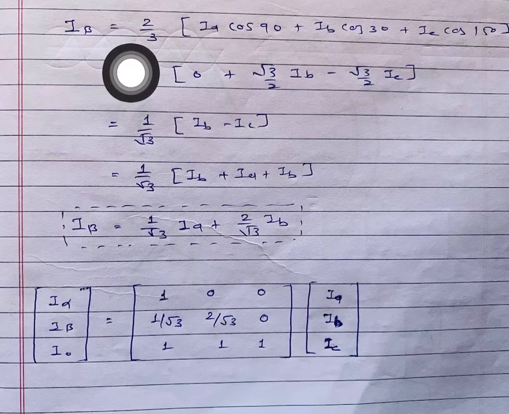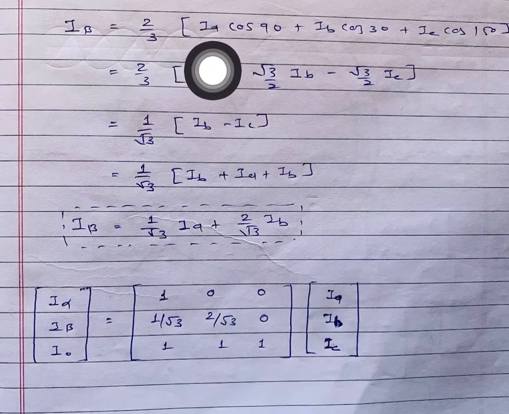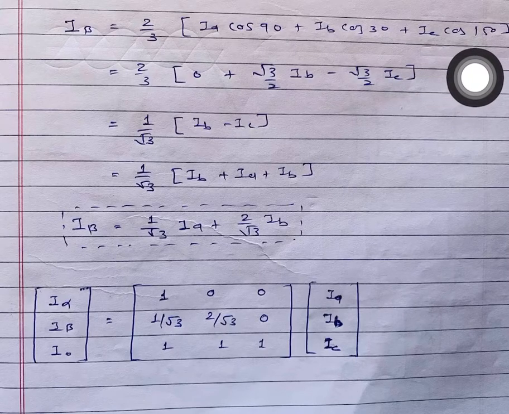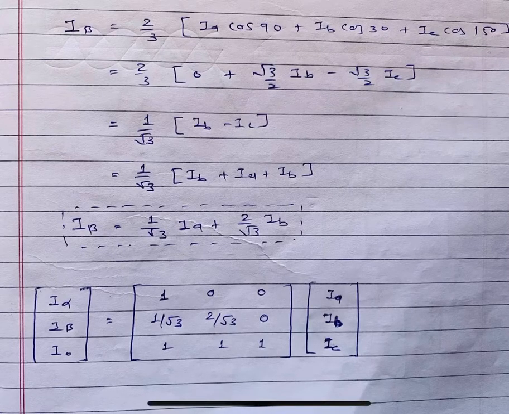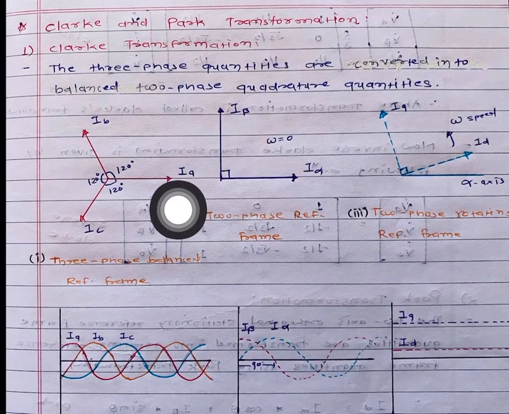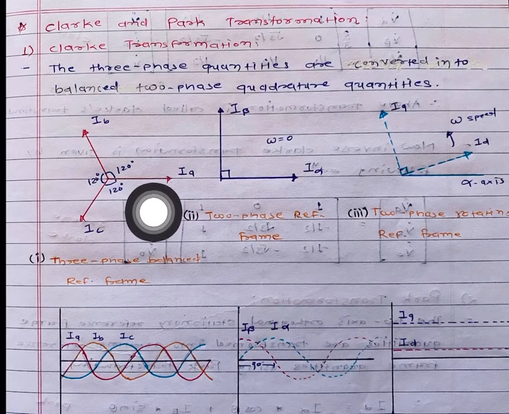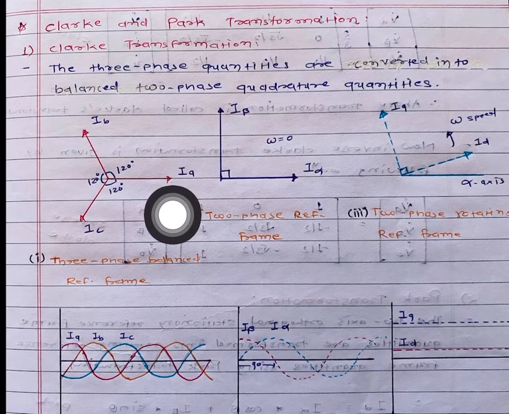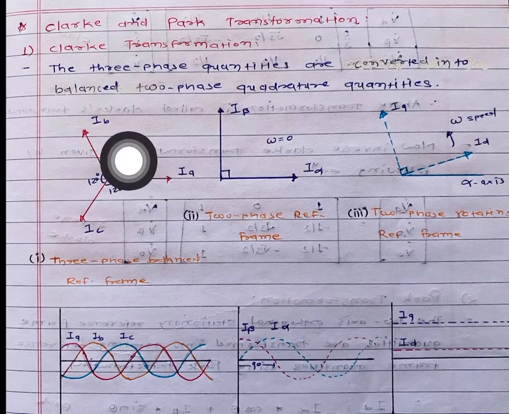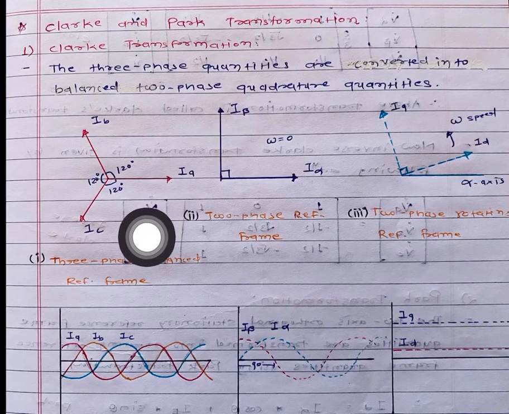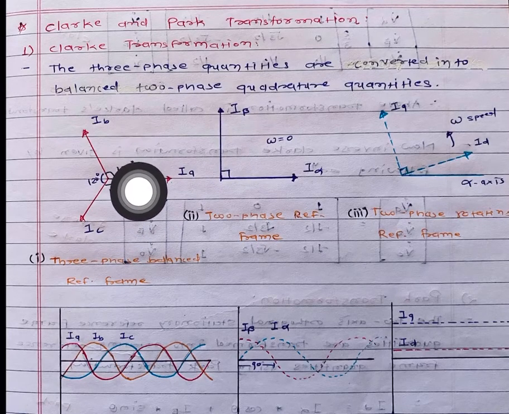I beta is given by 2 by 3 into IA cos 90 plus IB cos 30 plus IC cos 150. We can see in the figure that the angle between I beta and IA is 90, the angle between I beta and IB is 30, and the angle between I beta and IC is 120 plus 30, meaning 150.